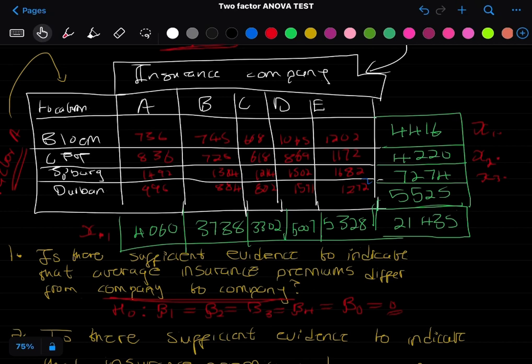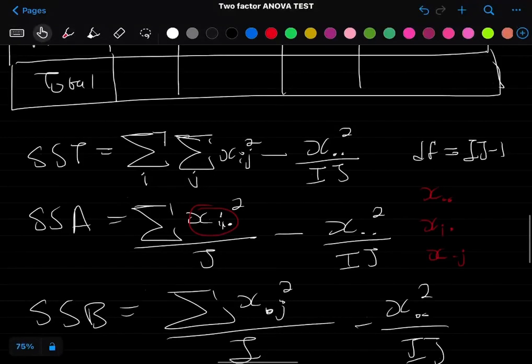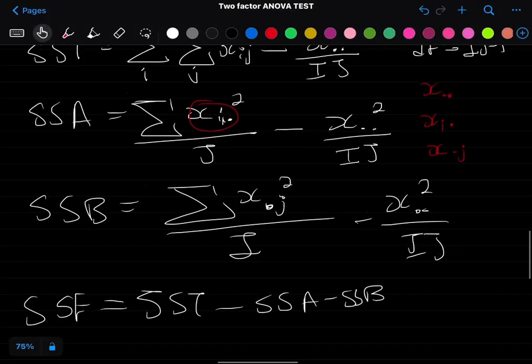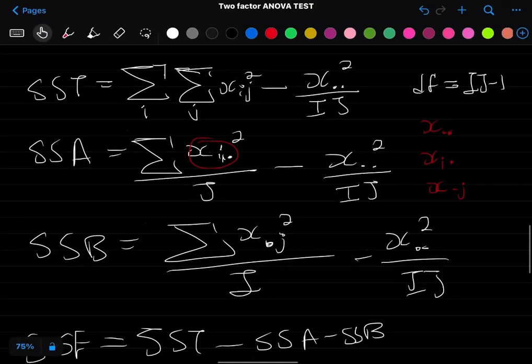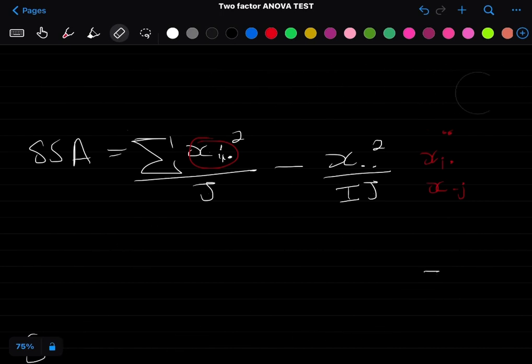Now we need to find, let's start with the sum of squares for factor A. Now we have to come here and use the formulas. Let me just erase them.